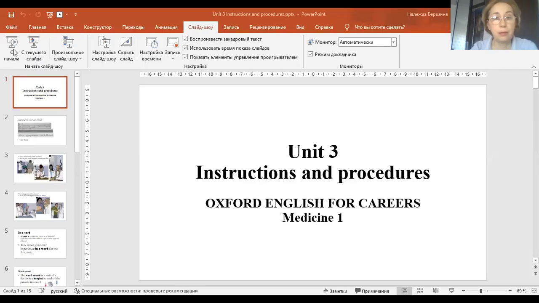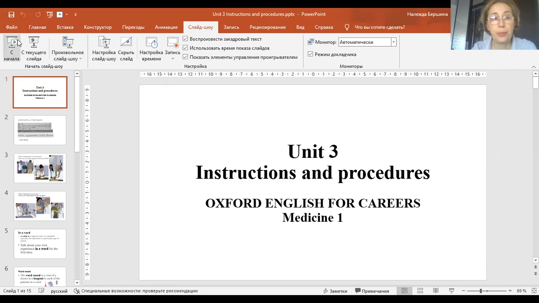So as you can see, today we are going to speak about instructions. There are a lot of procedures in medical practice, like different kinds of tests and some other procedures just to treat the patients.